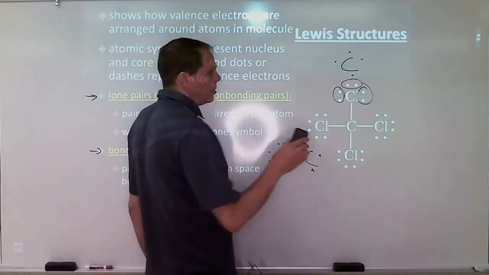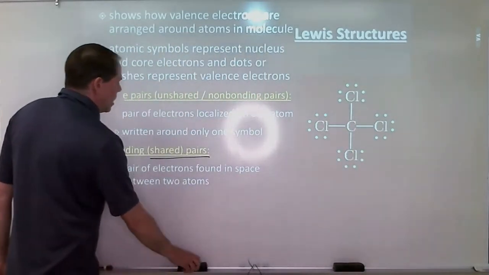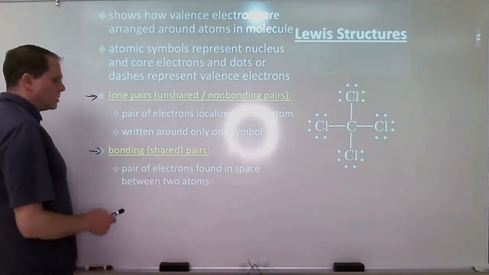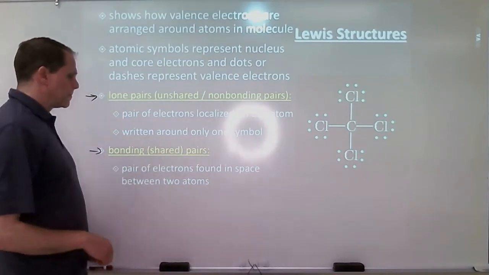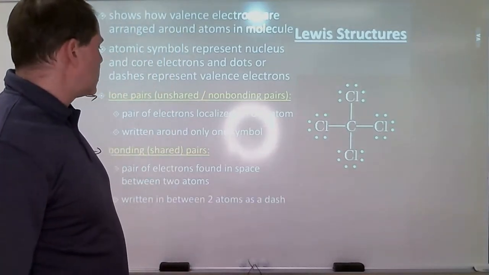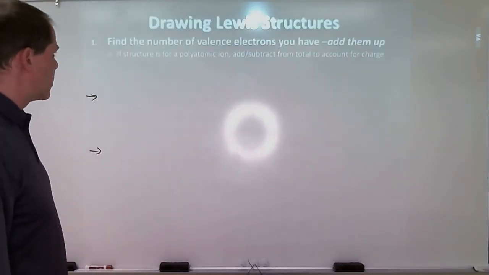Carbon has 0 lone pairs. Carbon had all of its unpaired electrons become paired up, and so it's got 4 bonding pairs, or 4 shared pairs. Okay? All right, and so you can write them in as dashes. Yeah, electrons can be written as dashes as well, like I said before.